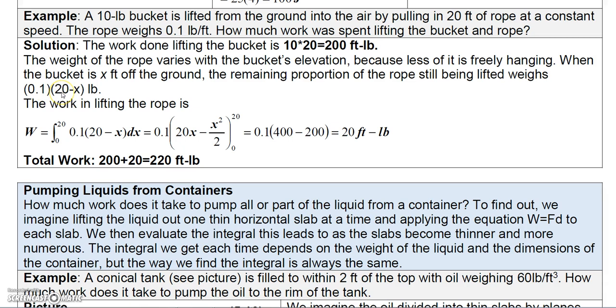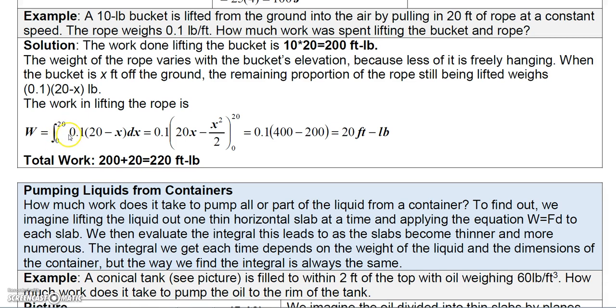If the bucket is x feet off the ground, then you've got 20 minus x length of rope. So that is going to be our function that we integrate. Now we can find the work in lifting the rope by integrating, because we know x is going to go from 0 to 20, 0 being that the bucket's on the ground and 20 being that the bucket's all the way up.